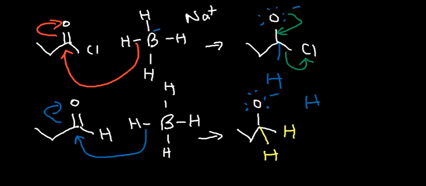And in the last step, we can protonate the alkoxide ion with water. So in the end, we get a primary alcohol. So that's how NaBH4 works, and also the other one, lithium aluminum hydride. They reduce carbonyl carbons by the addition of hydride ions.